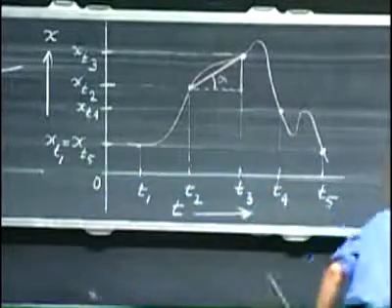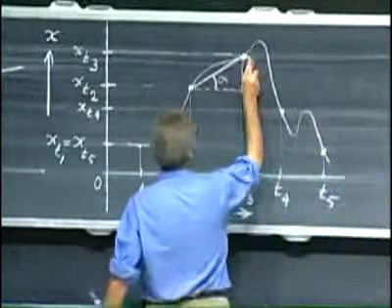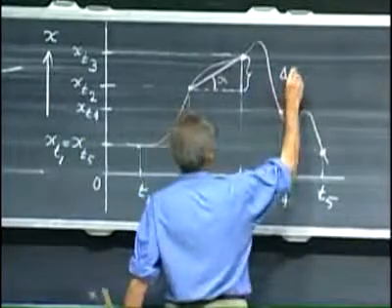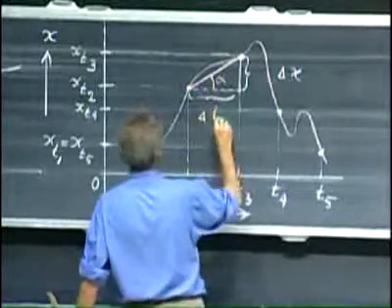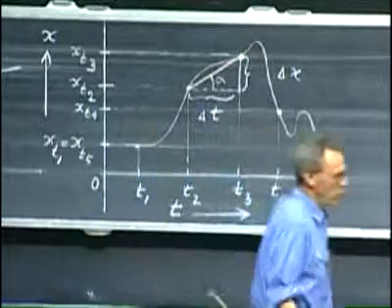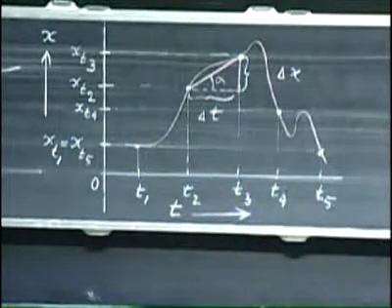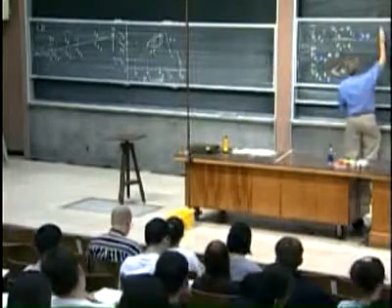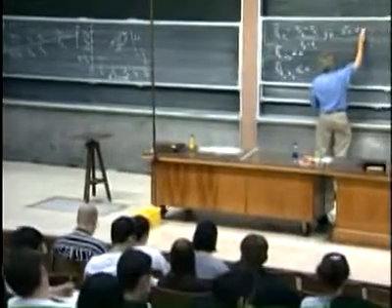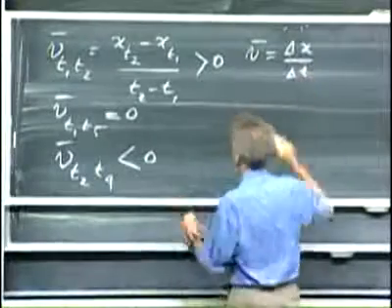And this part here I call delta x. And this here is delta t. And so you could write now, if you're careful about your sign convention, you could write down now that the average velocity equals delta x divided by delta t.